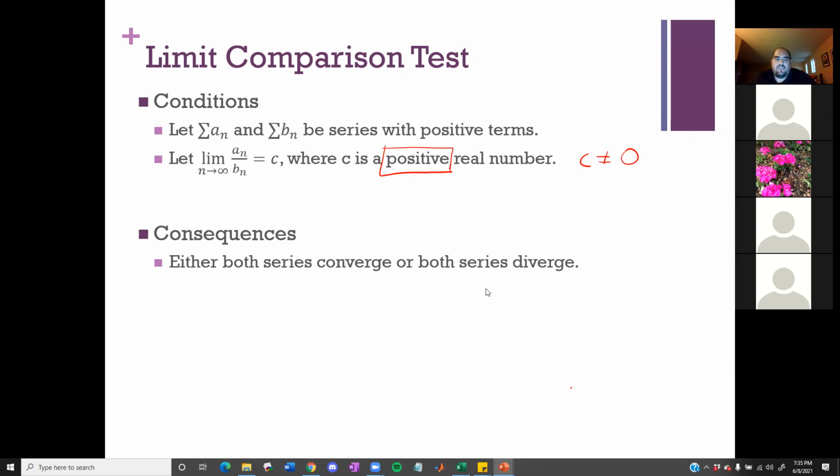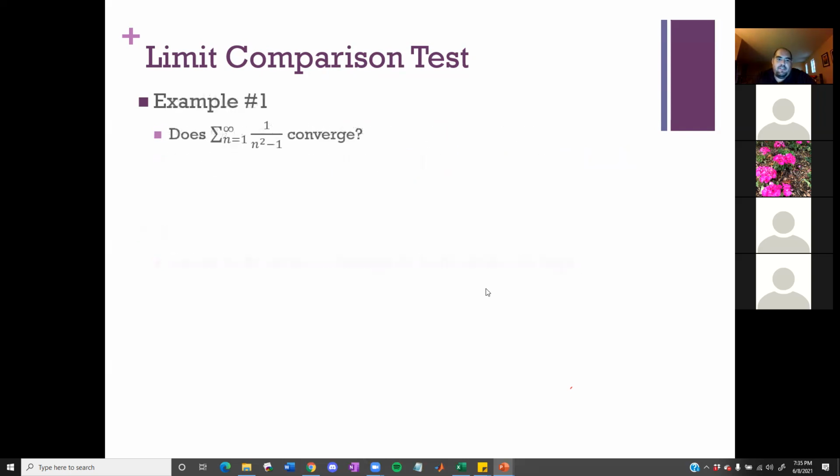They either both converge or both diverge. So back to this one. Colin had the idea of comparing this to 1 over n squared, but the direct comparison test wouldn't help us because the inequality goes the opposite direction.